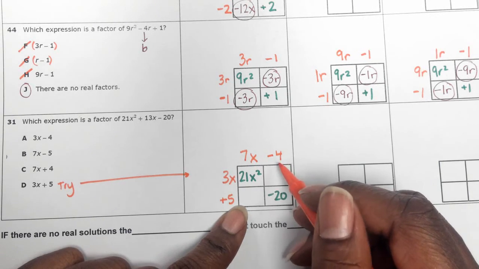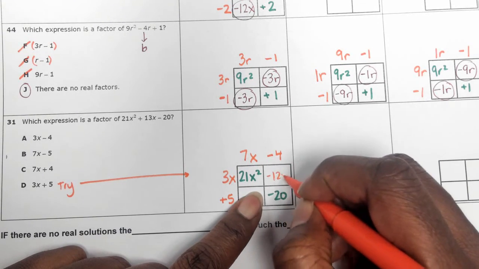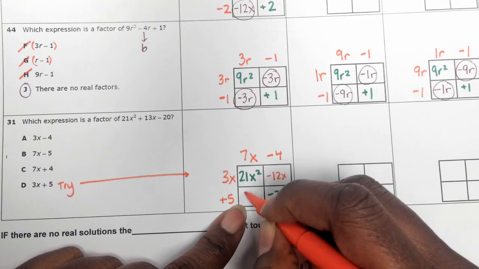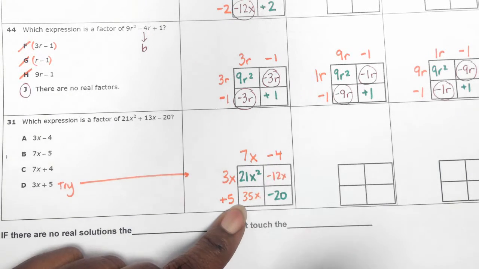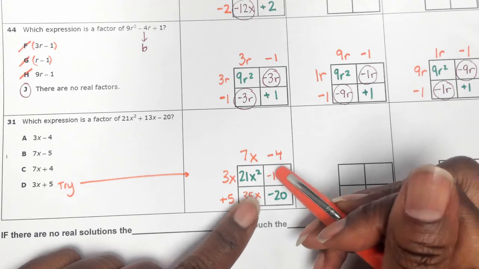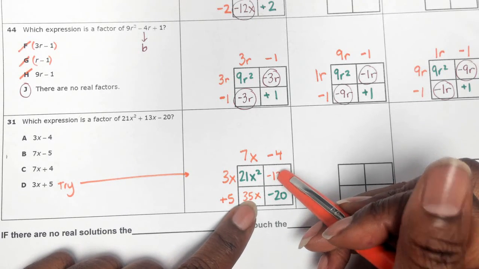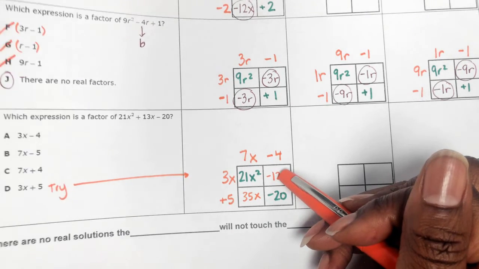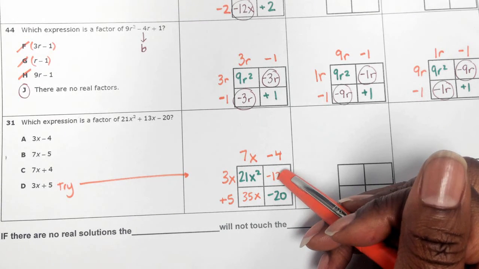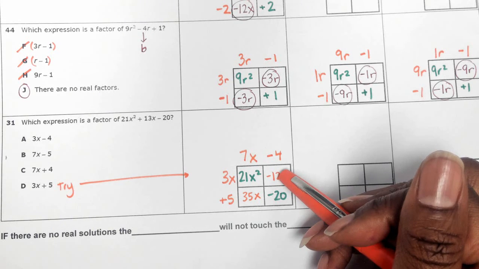Or maybe it's not. Because I get a negative 12x here and then a 35x. So if I add these, 35 plus negative 12.